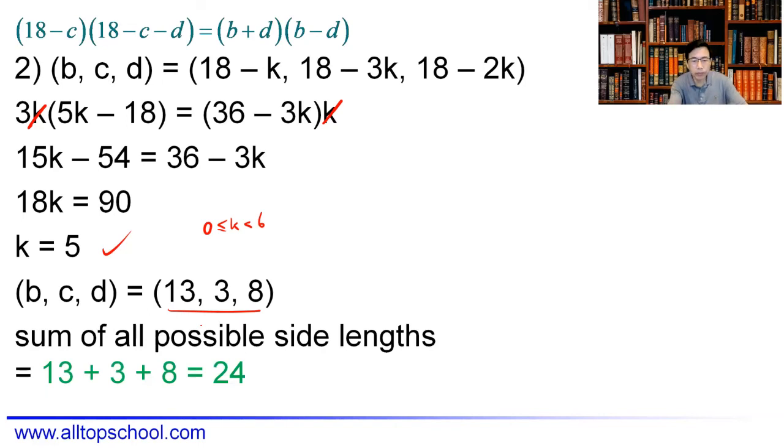We said that A will be the side length of any possible side of the other 3. So we're just going to add them up for the possible sum so far. 13 plus 3 plus 8, we get 24 as the possible sum. So only the second case works so far.